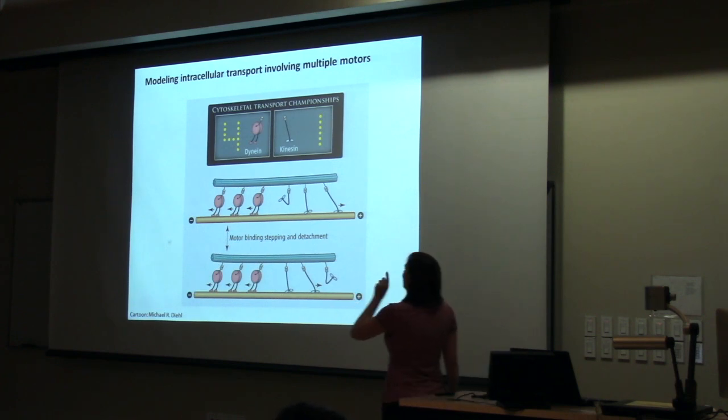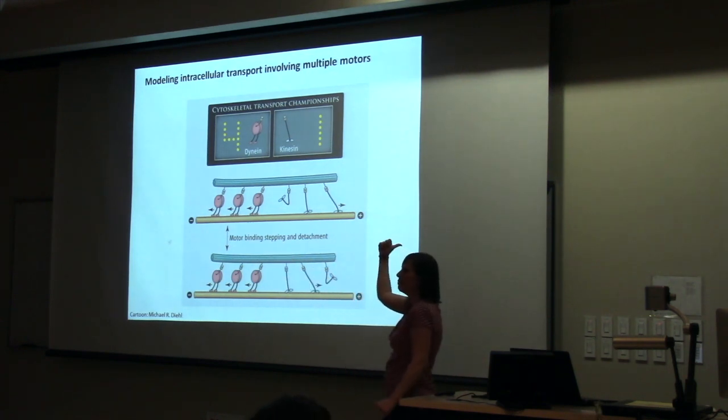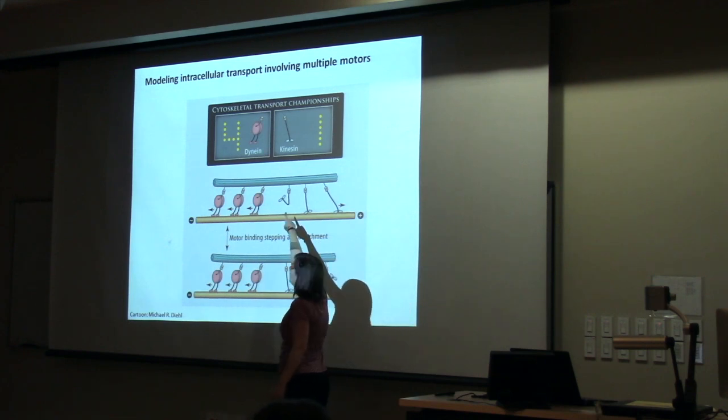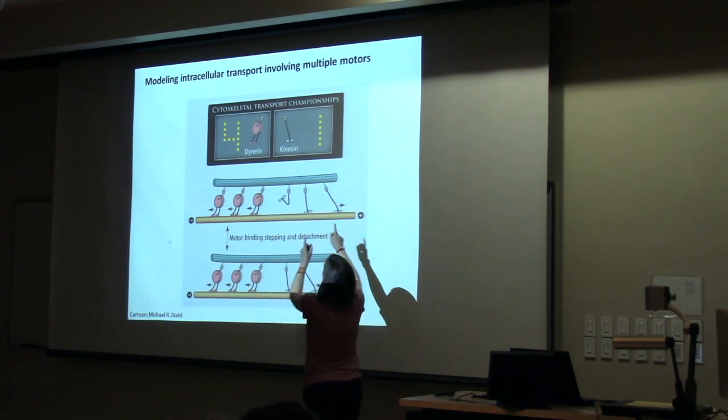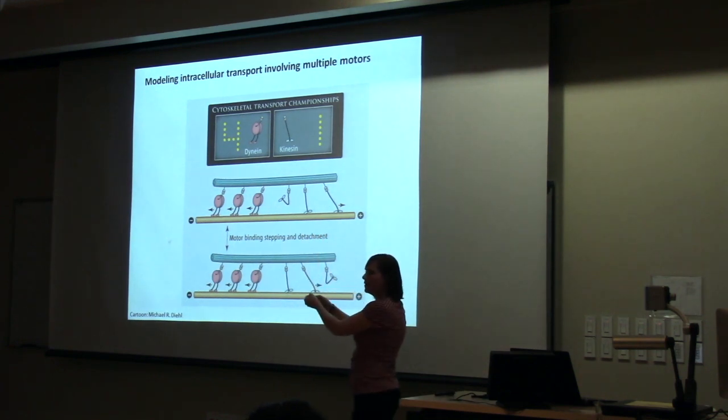So if we have Team Dynein pulling this way, Team Kinesin pulling this way, and each of these molecules is sharing the load, what happens if one of them detaches? One kinesin detaches, and now the remaining two kinesins are sharing that same amount of load, so they each individually feel a stronger force than they did before.